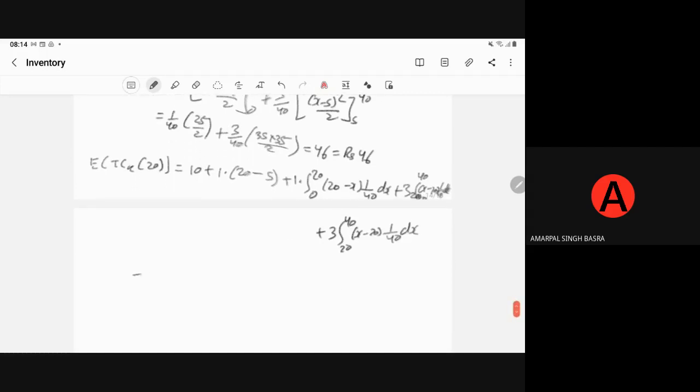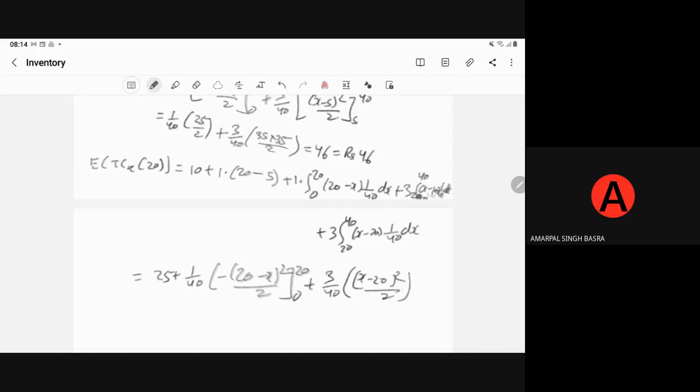So this will come to 10 plus 15, 25, plus 1/40, and this will give you minus (20 minus x) whole square by 2, and here the limit is 0 to 20, plus 3/40, and here we have (x minus 20) whole square by 2, and it is 20 to 40.